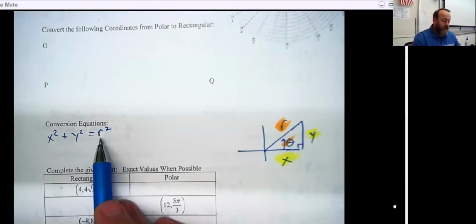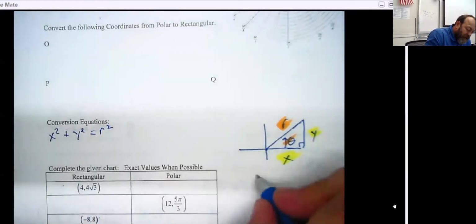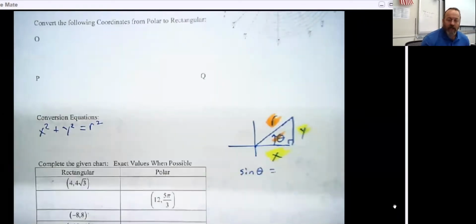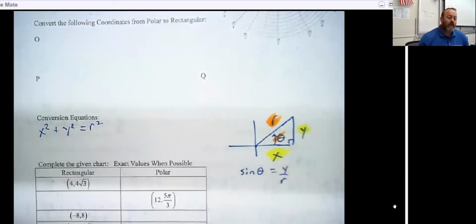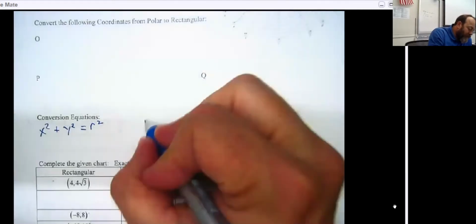Pretty convenient. But we can also use just a little teeny bit of trigonometry, because the definition of the sine is opposite over hypotenuse, which would be y over r. But that means if you cross multiply, then r times the sine of theta would be y.